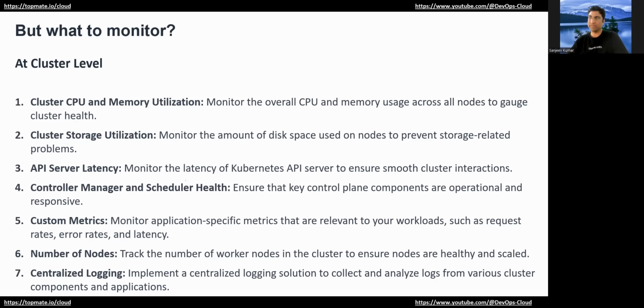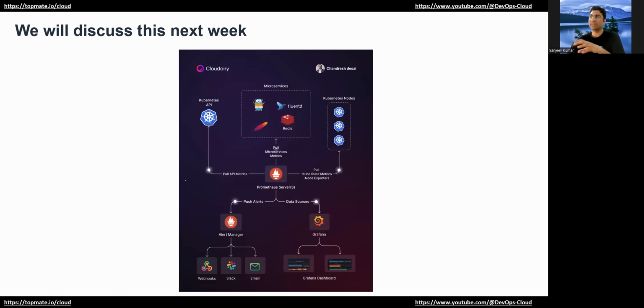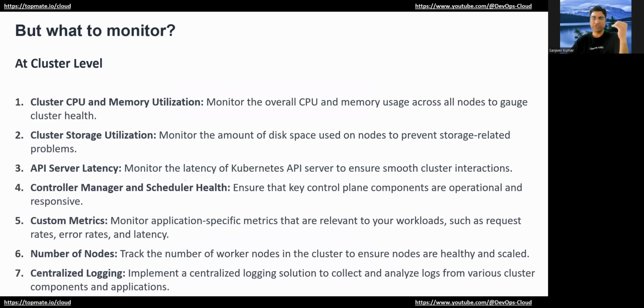Prometheus captures all this information. If you saw the previous diagram, Prometheus also connects with the Kubernetes API and also with your Kubernetes nodes. So it can help you identify issues with the AWS provided services as well, if there are latency issues.